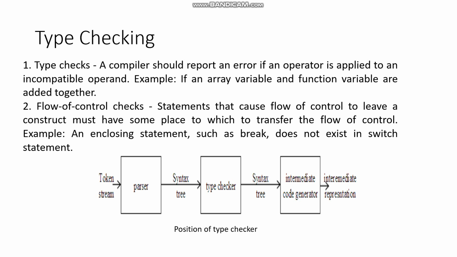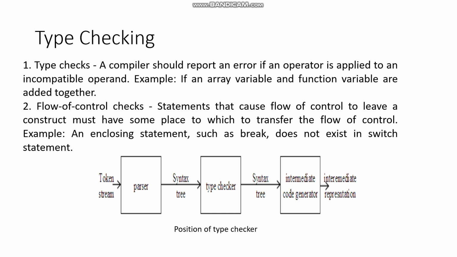in that scenario it should generate an error. The second type of check is the flow of control check. Here, as everybody knows, flow of control means what? With respect to looping, with respect to switch statements, this is going to happen, right? So statements that cause flow of control to leave a construct must have some place to which to transfer the flow of control.